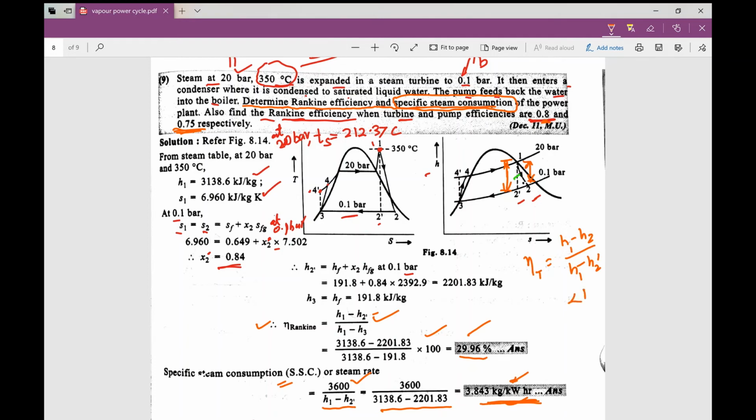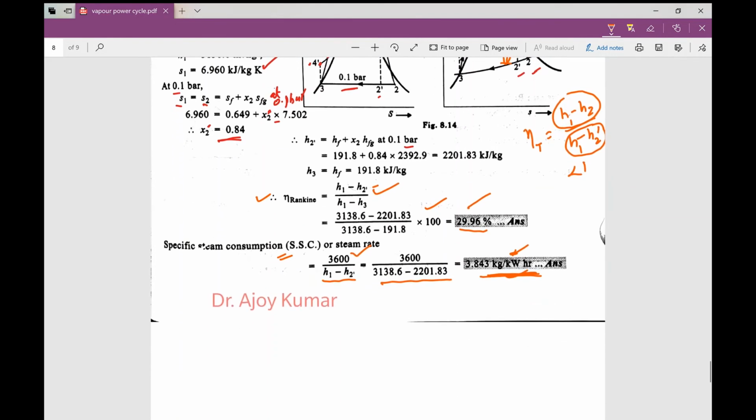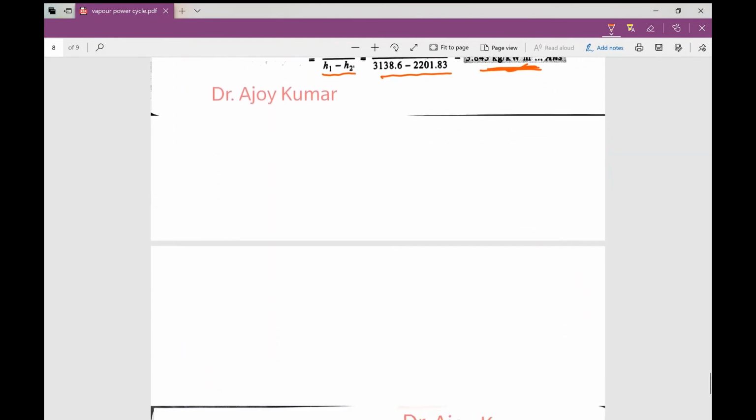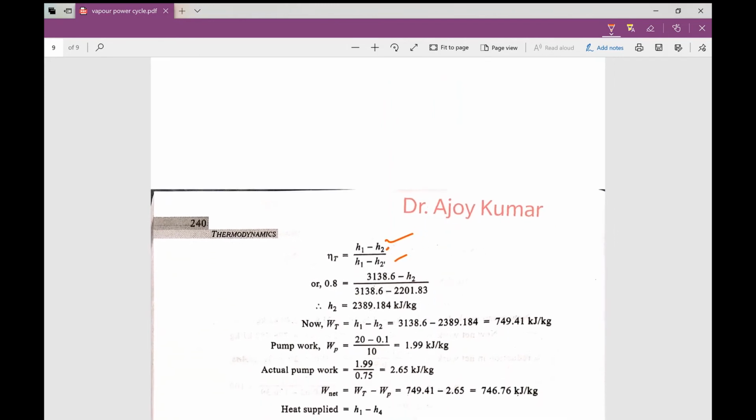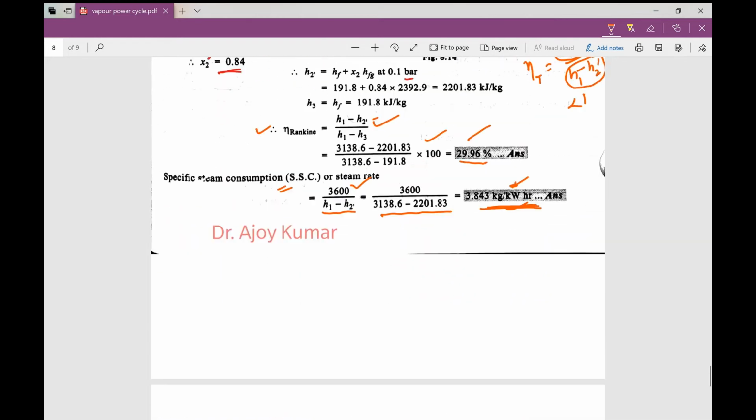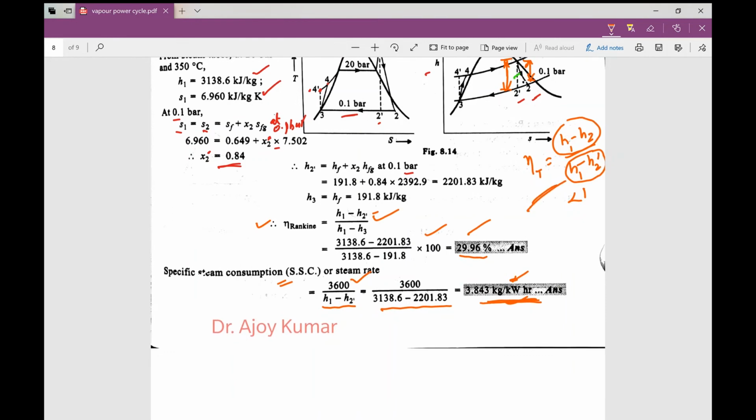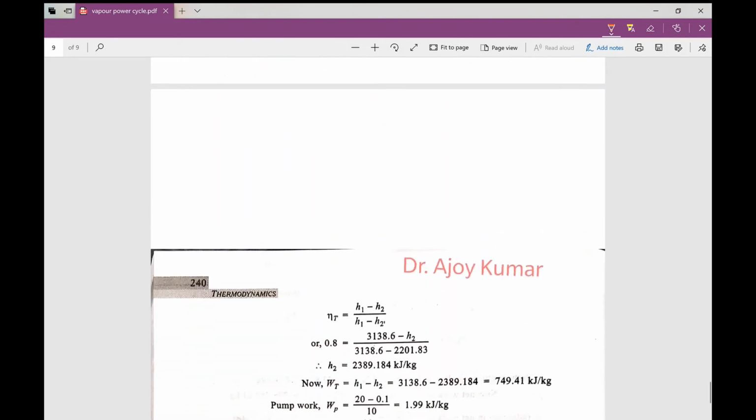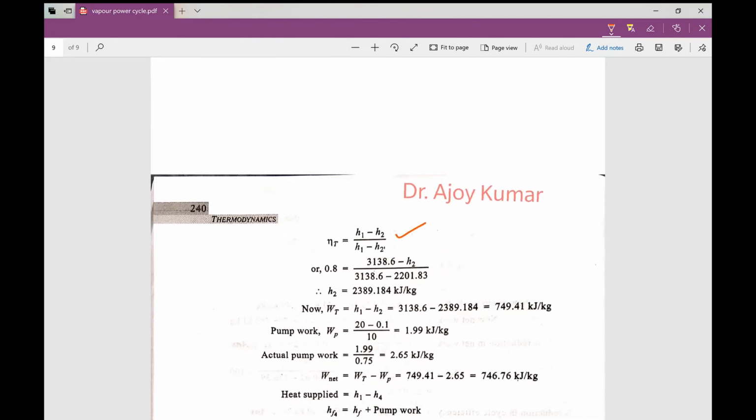So the numerator should be less than the denominator. Therefore it is written like this. Here the turbine efficiency is given as 0.8.